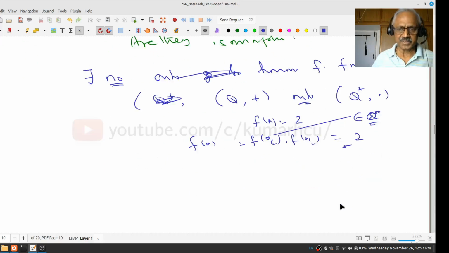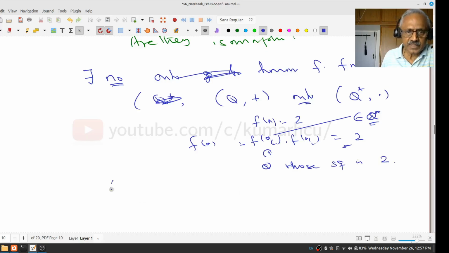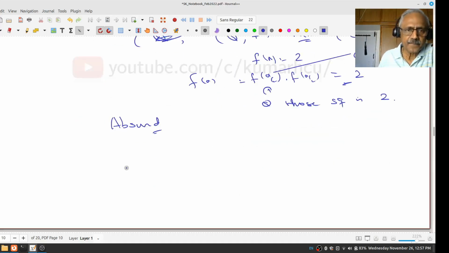That was a contradiction, please recall. That is absurd because we know there exists no rational number whose square is 2. Right? Now let's look at some more examples.